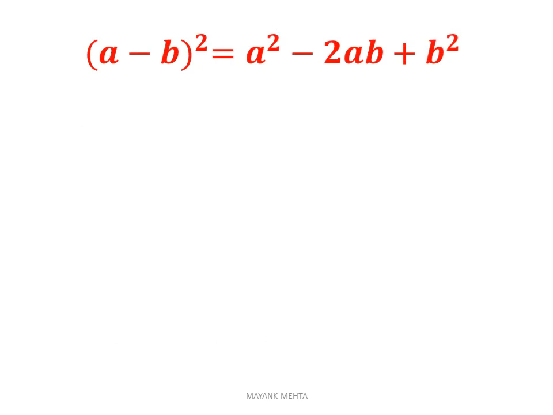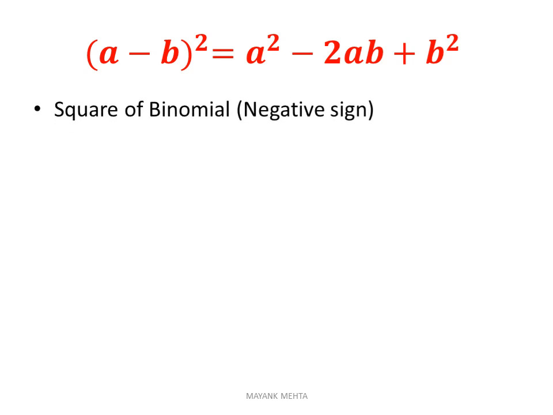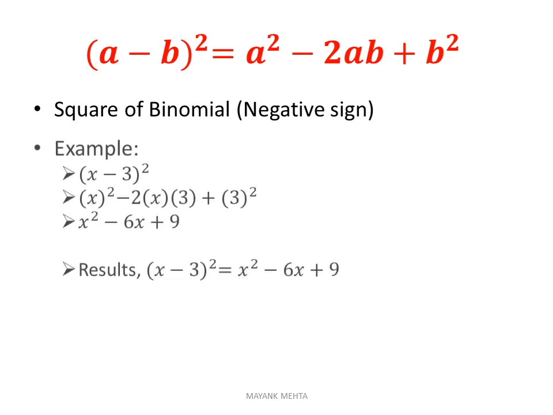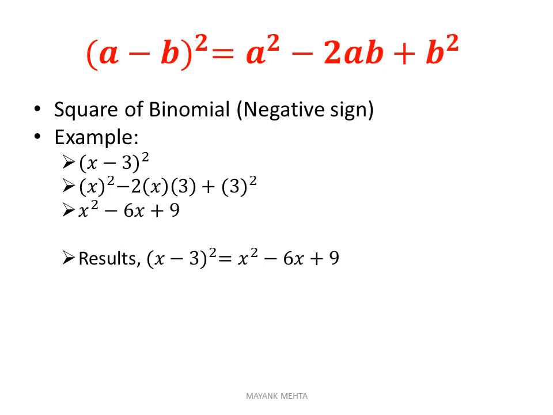Our next identity is (a−b)². So it will be a² − 2ab + b². This is also a square of a binomial, with a negative sign between the terms. So this is the example, (x−3)². So x², and the middle term will be negative because there is a minus sign between the two terms in the binomial.